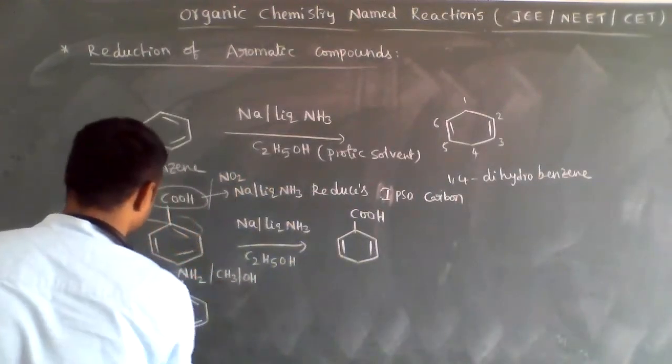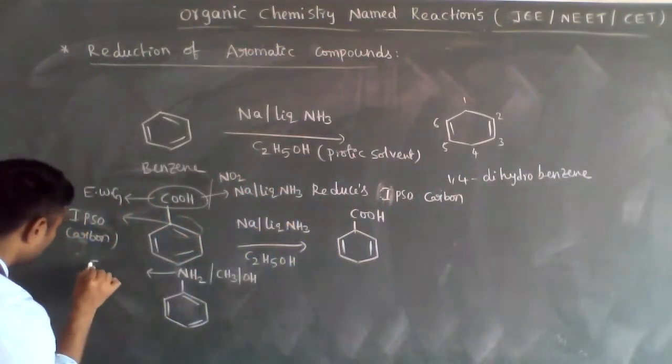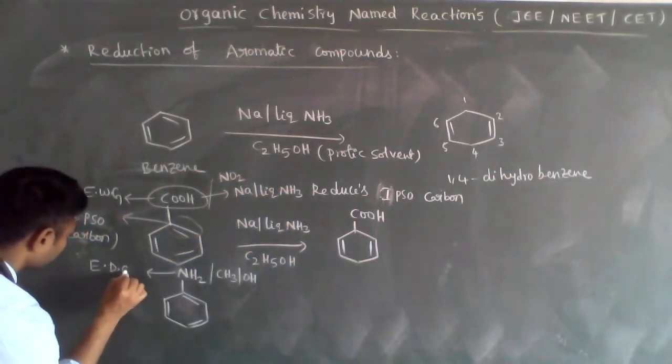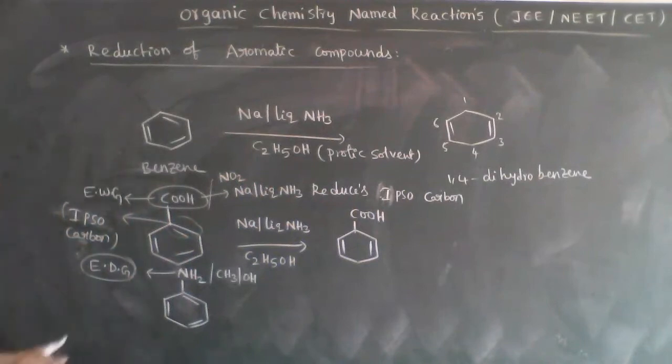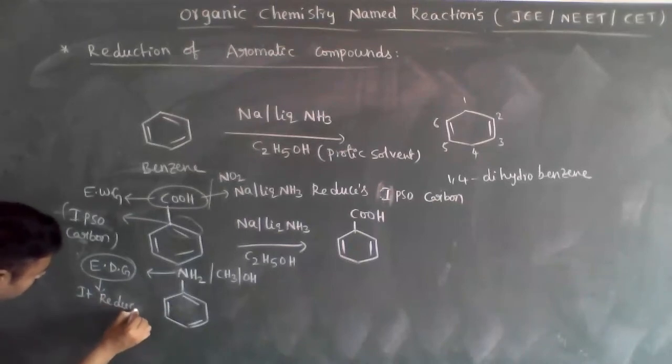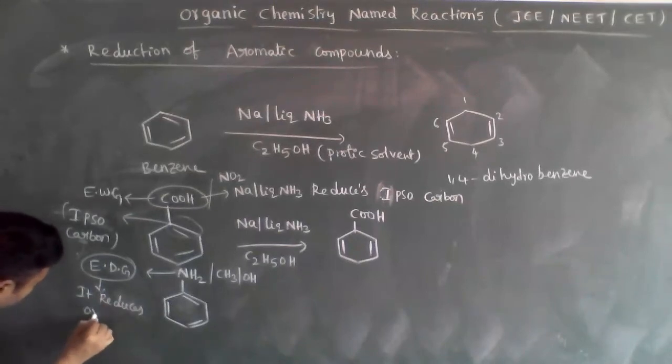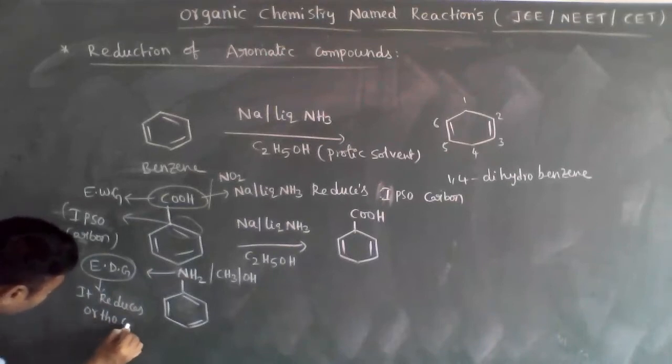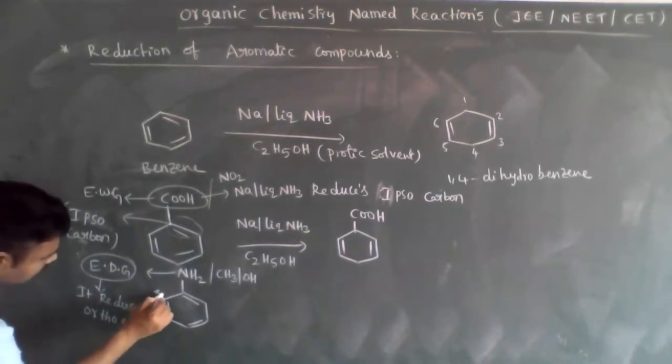Like these groups that are present, those are electron donating groups. When an electron donating group is present, it reduces the ortho carbon. Reduces the ortho carbon means this carbon will reduce.